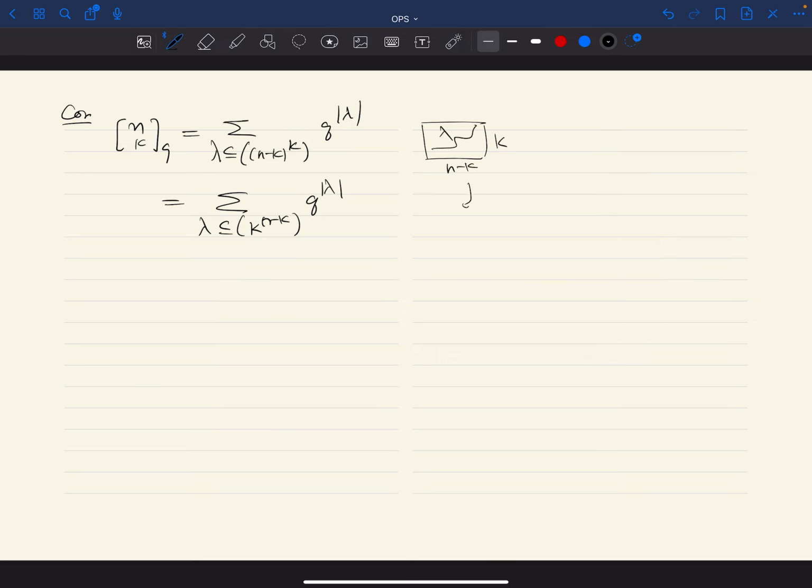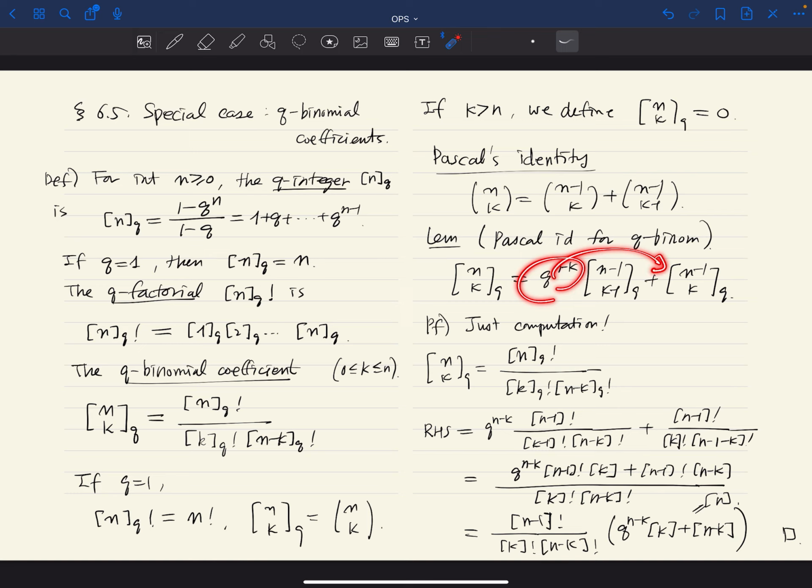But if you take the transpose, k and n minus k, right? So lambda is here. So you can choose this or this, anything that you want. But actually there is also a similar recurrence where this goes over there, but then you will put q to the k. But the proof is really the same.